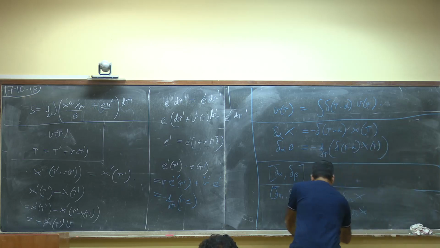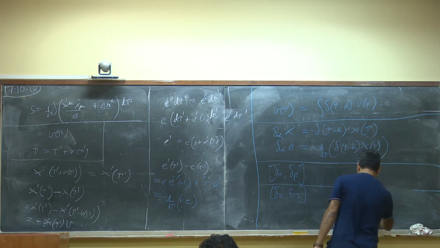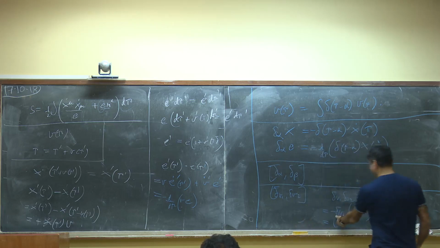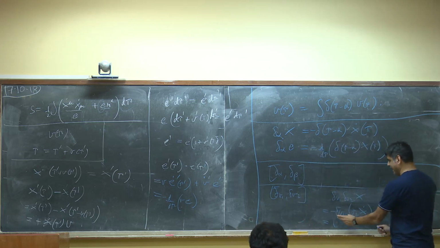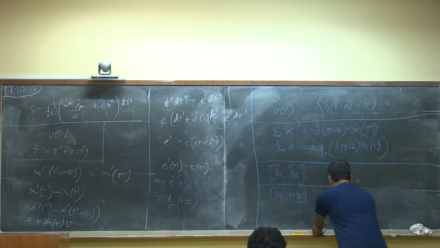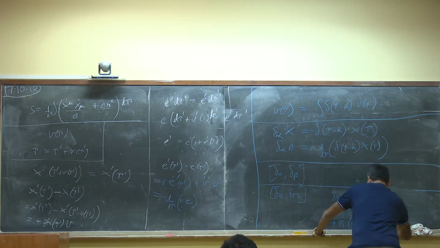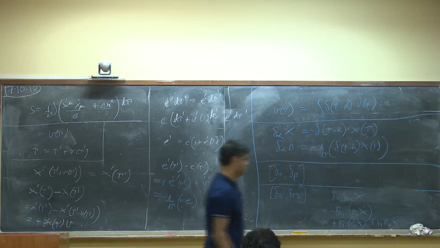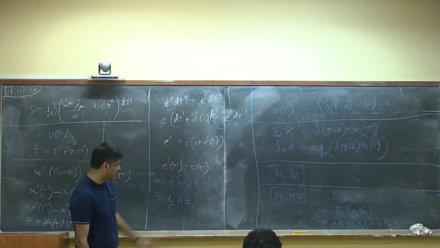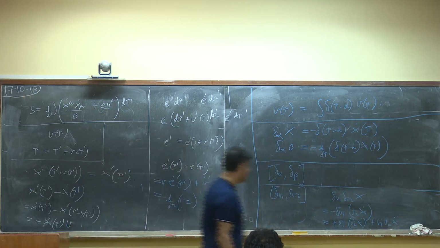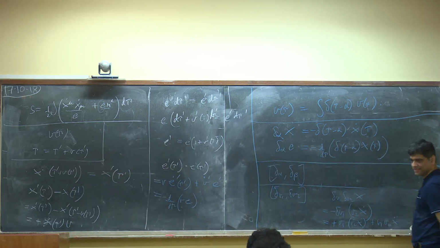Then delta V1 of this, acting on any function, what we get is plus V1 V2 dot X dot plus V1 V2 X double dot. That's the first term.